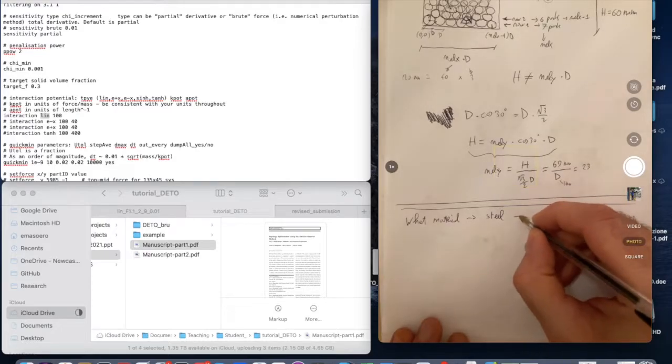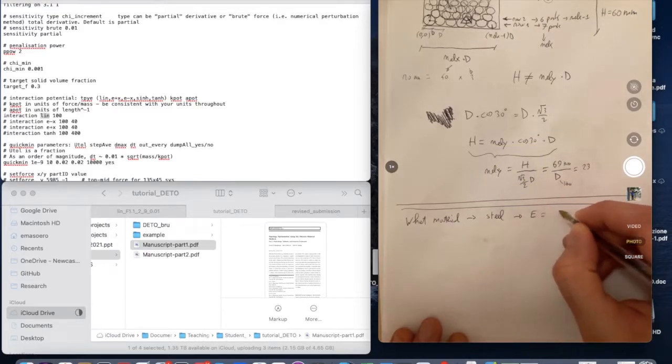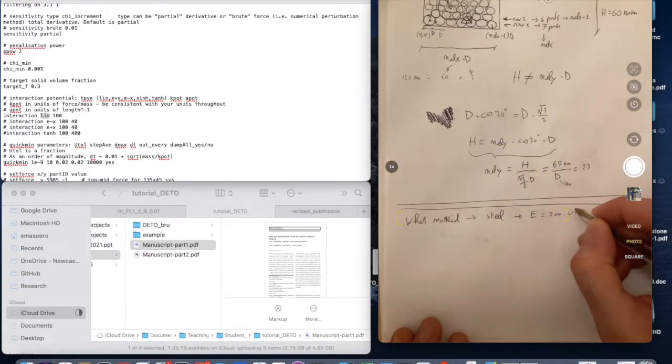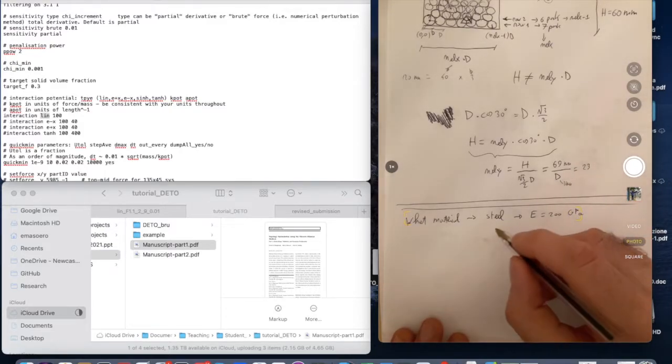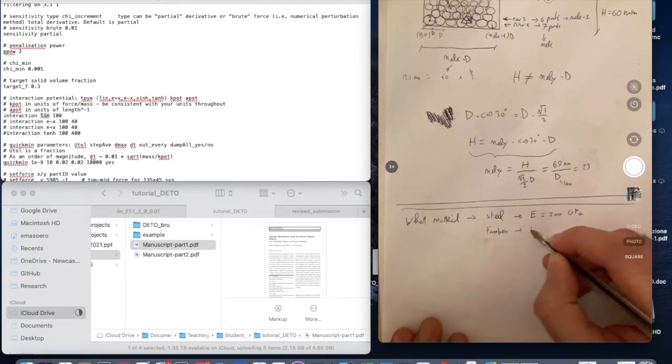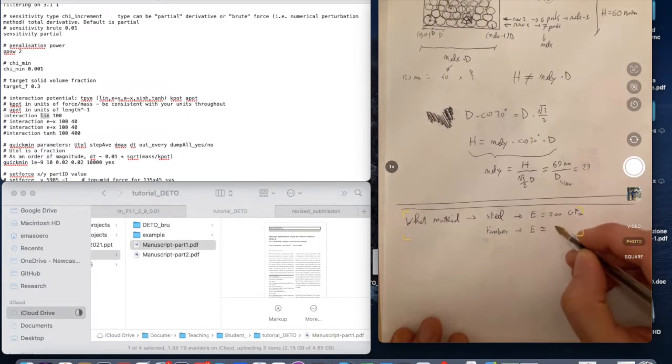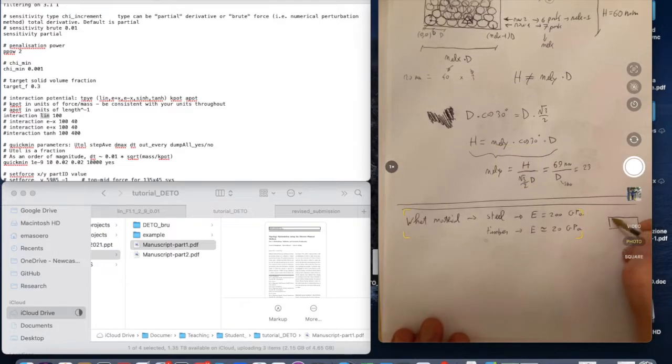If it is steel, the Young's modulus is 200 gigapascal. If you're using instead, for instance, timber, well, a reasonable value could be, for example, 20 gigapascal. So you choose the material that your structure is made of.